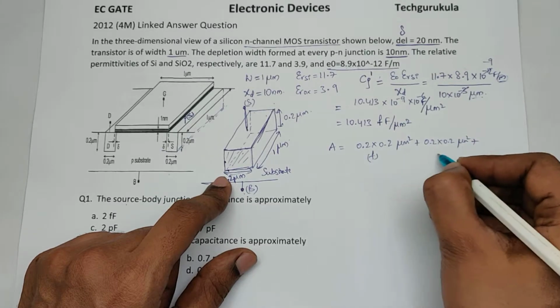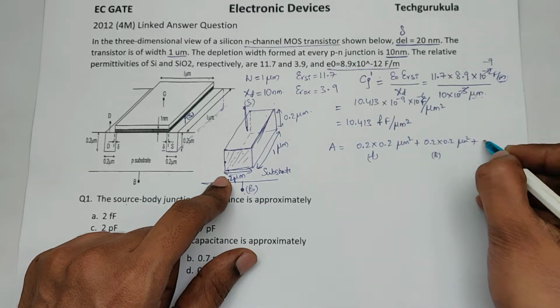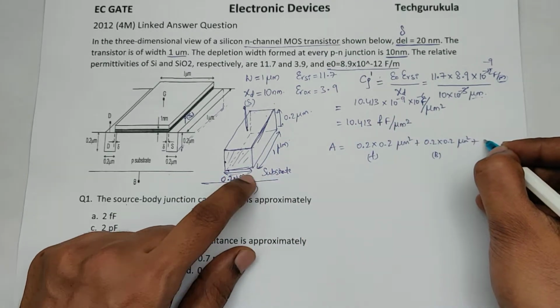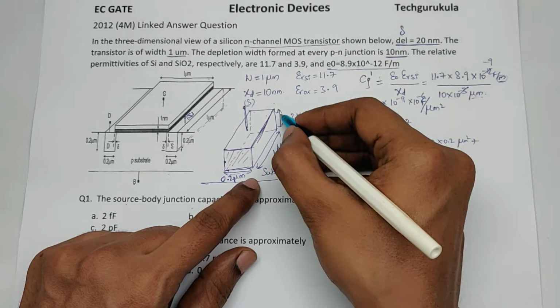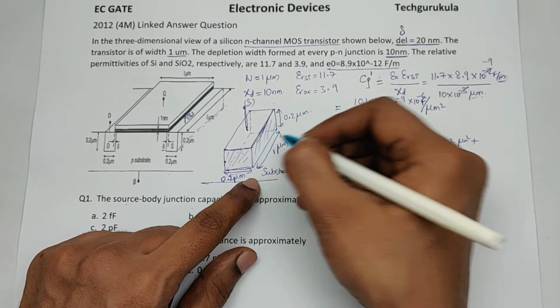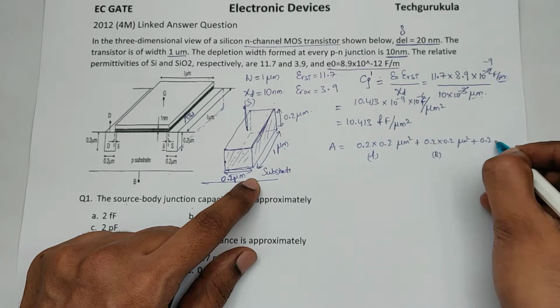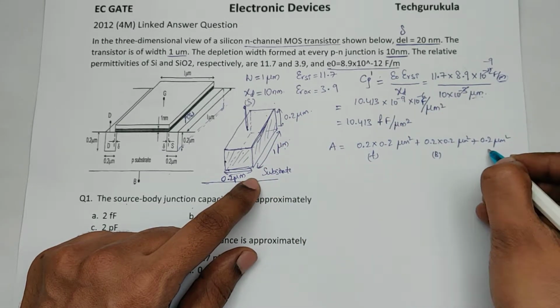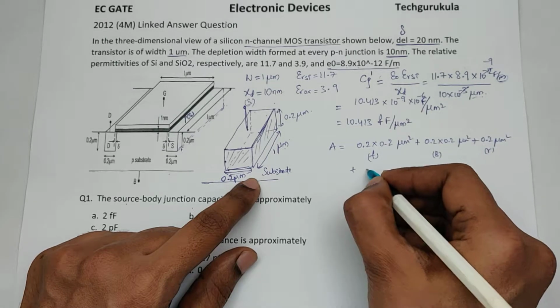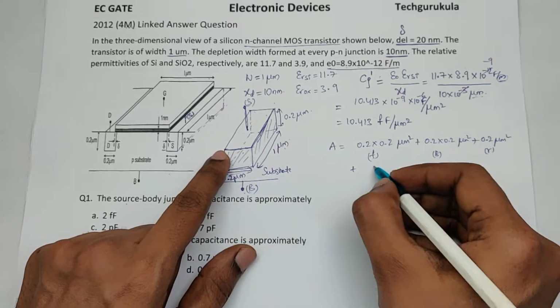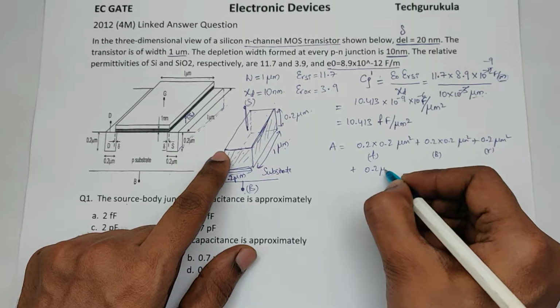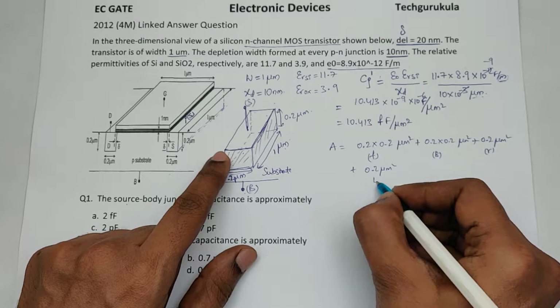This is front side, this is back side. And now I'll write the right side one, which is 1 micrometer times 0.2 micrometer is the area here. This is 0.2 micrometer square. This is right side, plus again left side is the same, which is 0.2 micrometer square. This is left side.